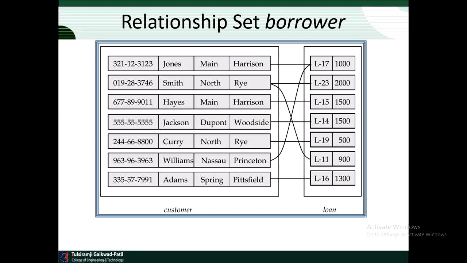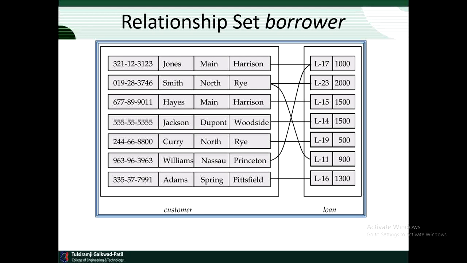So we will see the example here from record 1. Customer name is Jones, having the loan number L17. Accordingly, Williams having loan number L17 also. So two customers are borrowing the same loan, and Smith is borrowing two loans.